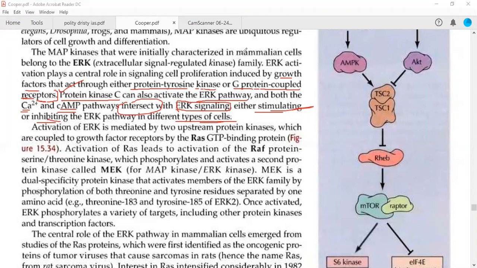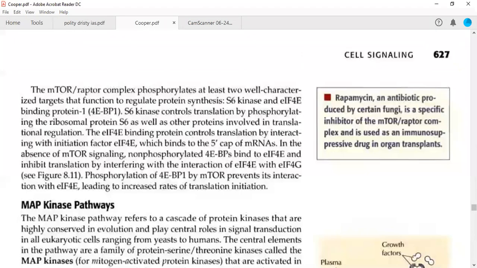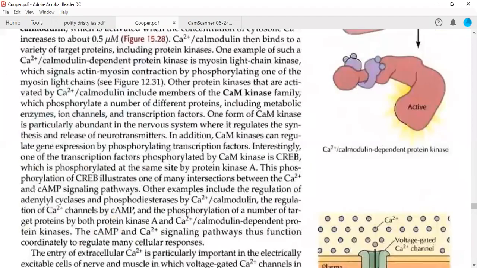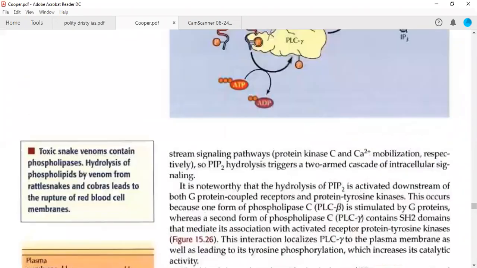This always depends upon the cell types. So it can vary from cell to cell. So you need to remember this. Now, the question is how this protein kinase C was regulated. So from our previous discussion and classes, you should remember that.